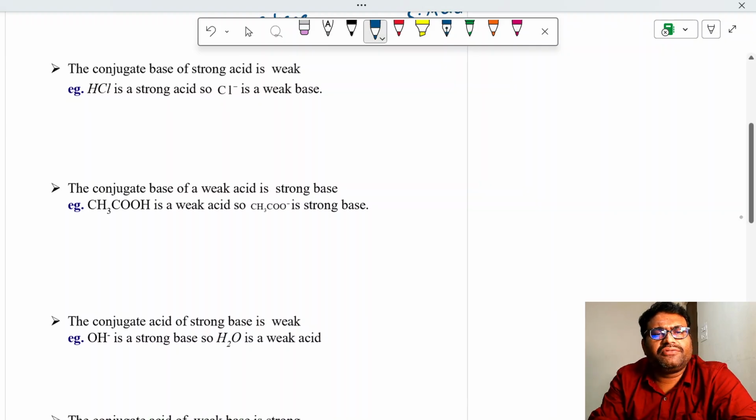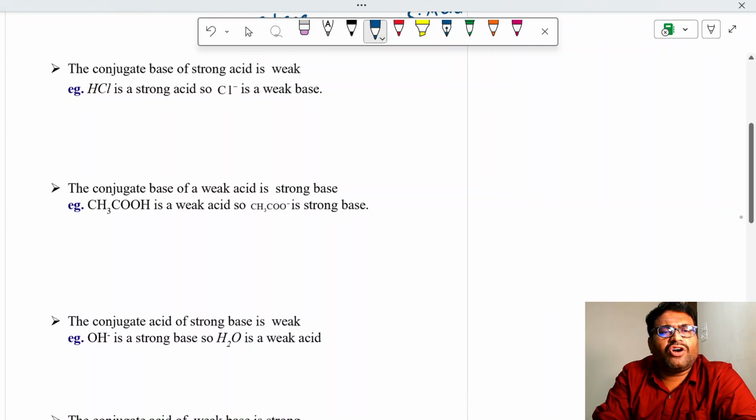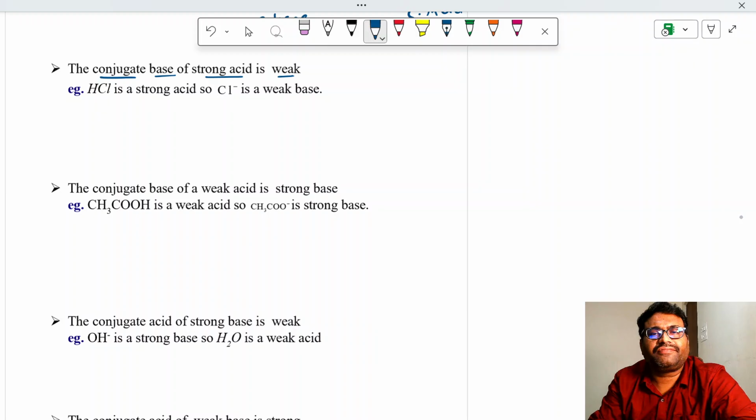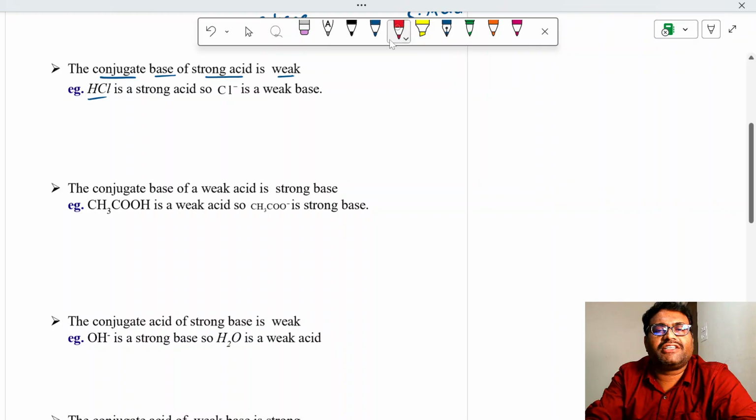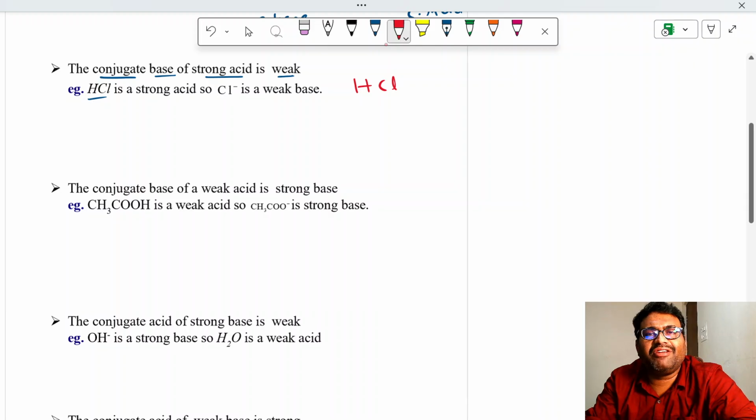Next, coming to the conjugate base of a strong acid is weak. The conjugate base of a strong acid. See, let us take the given example. What is that example given? HCl. See, HCl has more tendency to lose H plus.